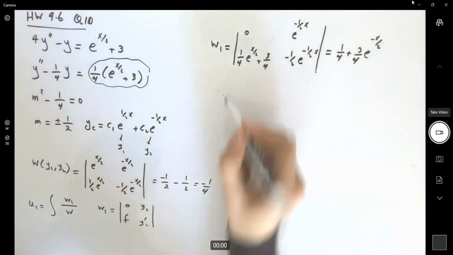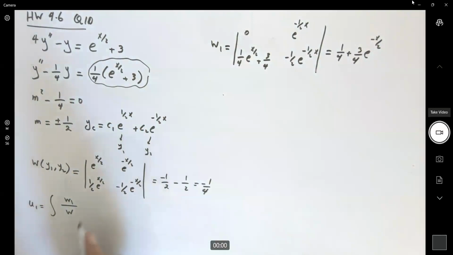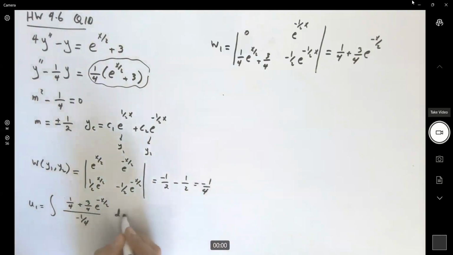So this is our w1. So u1 becomes, I write it down here, I need more space, the integral of a fourth plus 3/4 e to the power negative x over 2 divided by the Wronskian, which is negative a fourth, dx.